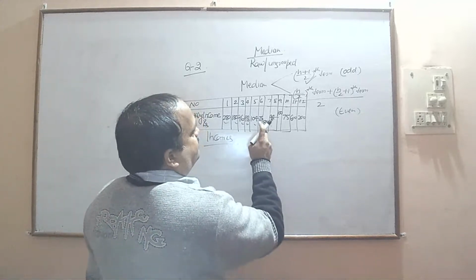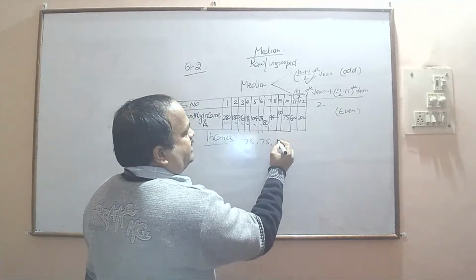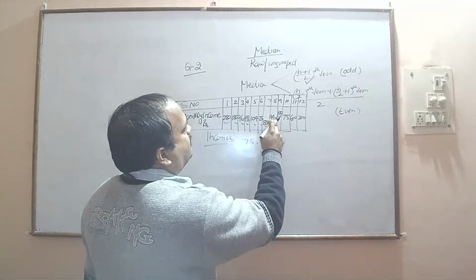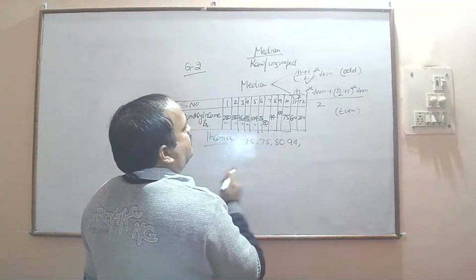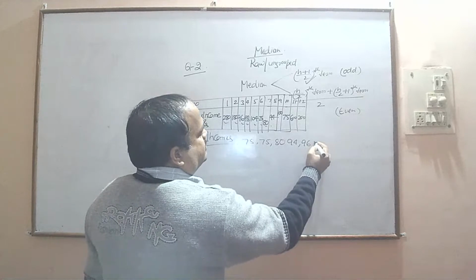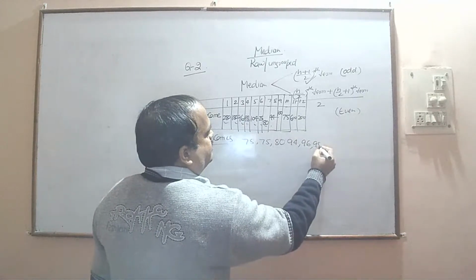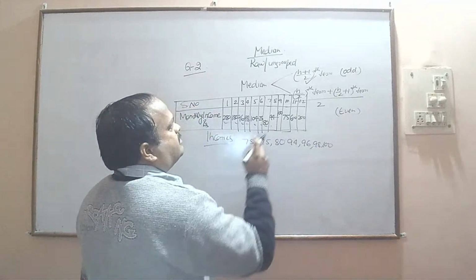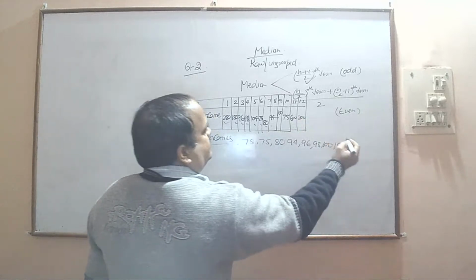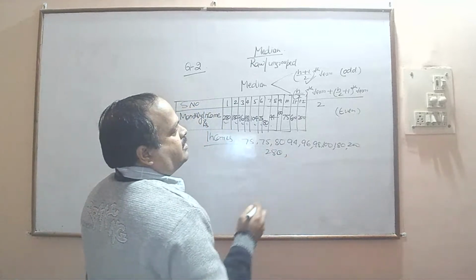So the least one is 75, 75, 75, 80, then 94, then 96, 98, then 100, then 180, then 200, 280, then 600.